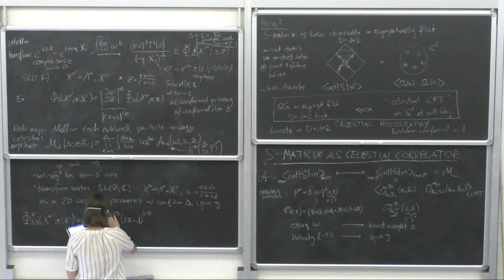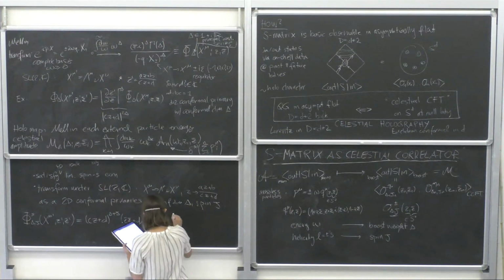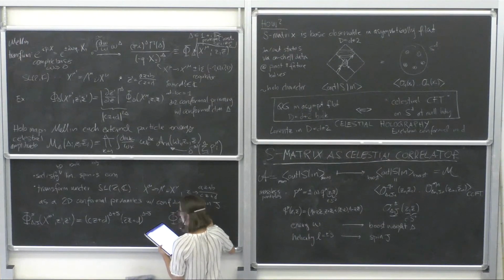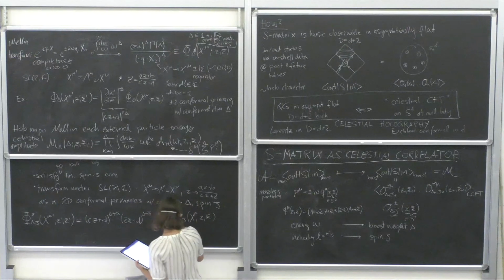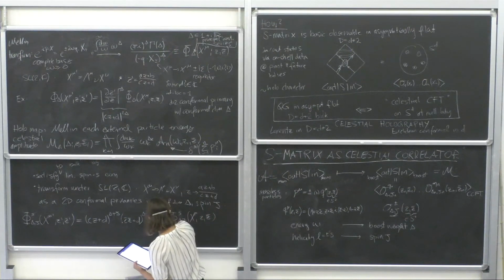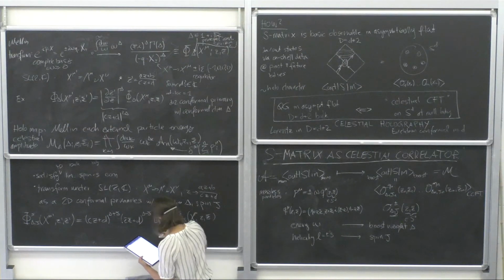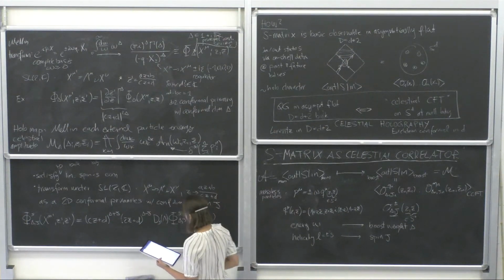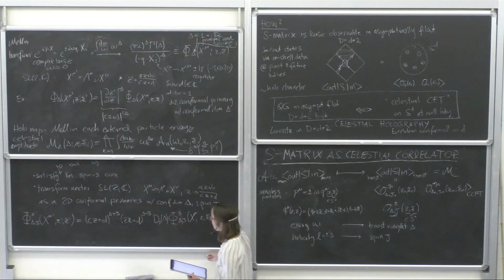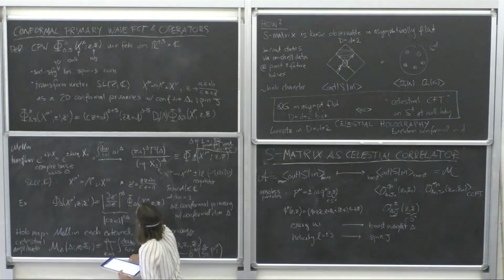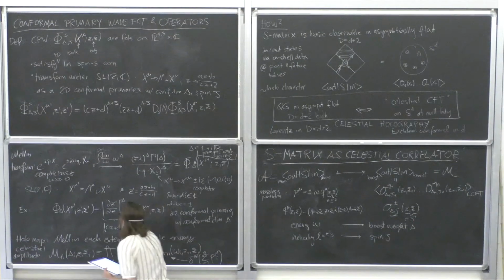And this gives me not only the conformal dimension, but also the spin. And then I have the original wave function. And if this is a vector or a tensor, then I also have to transform the indices appropriately. So let me denote this with D of Lambda. This is the spin S representation of the Lorentz algebra. Okay? So this is the general definition of my conformal primary wave function.